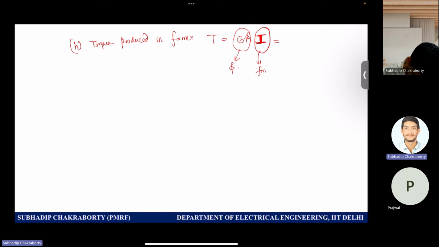This is I in former. So flux you already know how much it is, and then multiply it with the current, which is obtained as 2 milliampere, and then you get 0.64 micronewton meter.